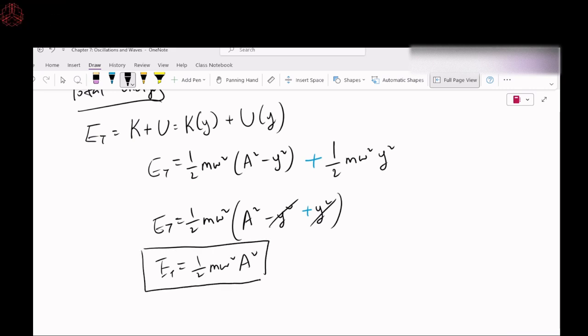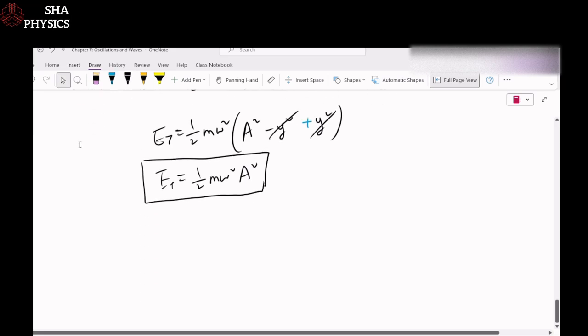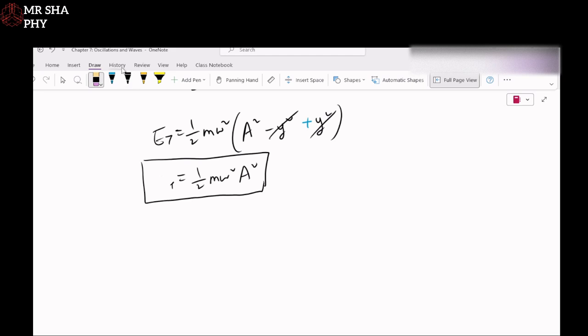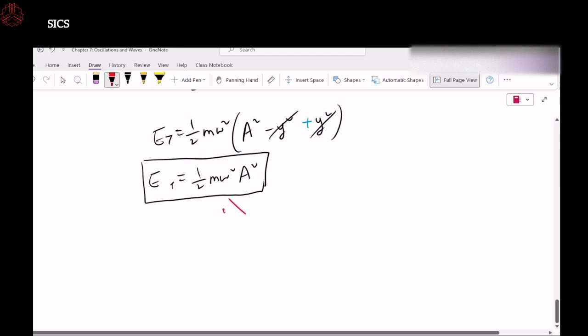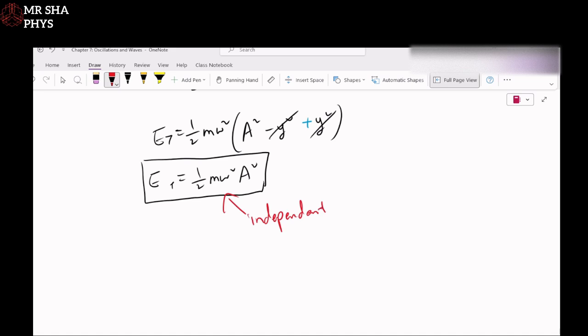As you can see, the total energy is independent of my position. That's a very important point. Independent of position.